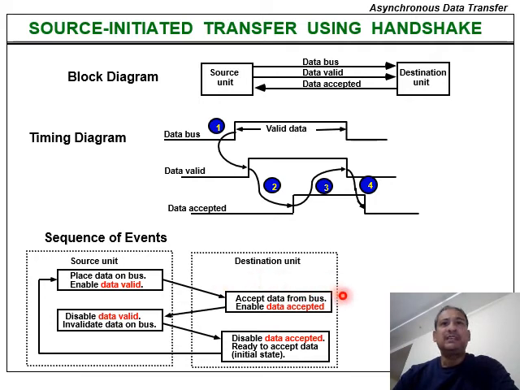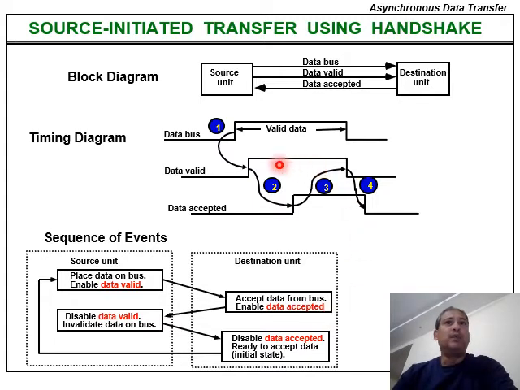Now when the destination unit receives the data valid signal, it accepts the data from the data bus, and after reading the data from the data bus, it sets the data accepted signal. This is a sort of acknowledgement to the source unit that yes, I have seen your signal and I have read the data.